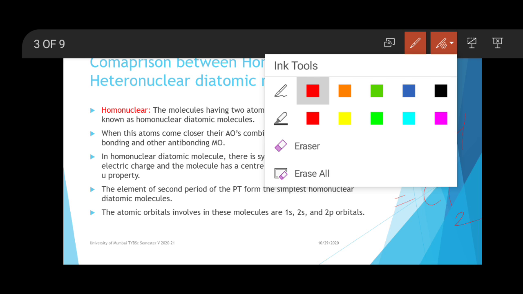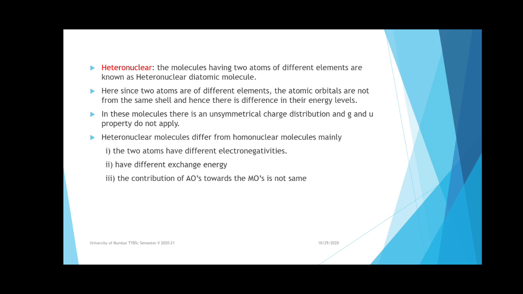Now let me say something about heteronuclear diatomic molecules. For heteronuclear diatomic molecules, by definition, when two atoms of different elements combine, there will be formation of heteronuclear diatomic molecules. In this case, when two atoms of different elements combine, the atomic orbitals of such atoms will have different energy.